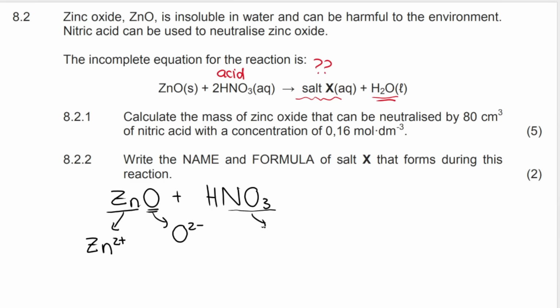Over here, we've got NO3-. You need to know that the nitrate ion is NO3-, with a charge of minus 1. And then the H+ ion. Okay, now remember, acids are proton donors. This is going to be donated to the base. And basically what happens is part of those two join in order to form H2O.